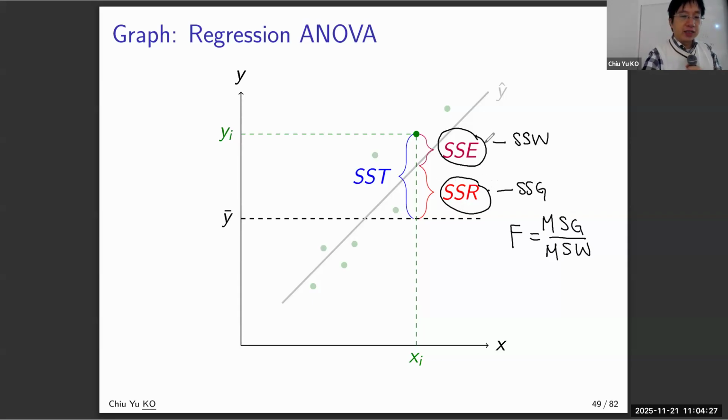If this is much bigger than this one, right? That means that the beta will not be 0. Okay, so the same idea. So we'll compare MSR over MSE, sorry.